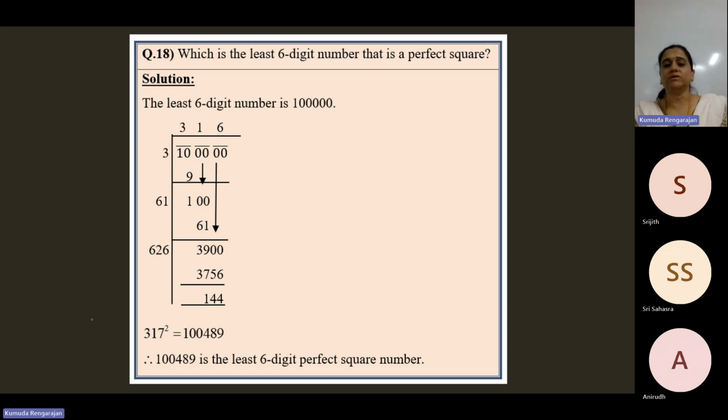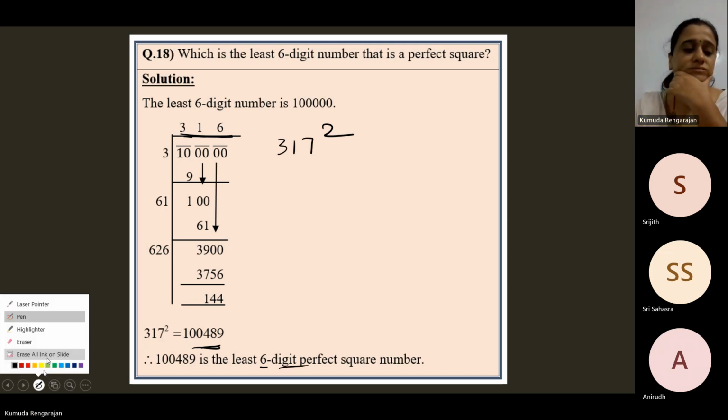So the smallest 6-digit number that's a perfect square here will be: take the successor of the quotient, 317, and square it. Whatever answer you get, that's the smallest 6-digit perfect square.